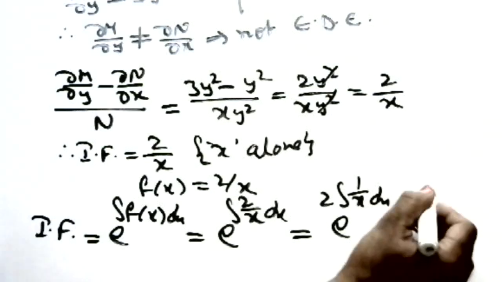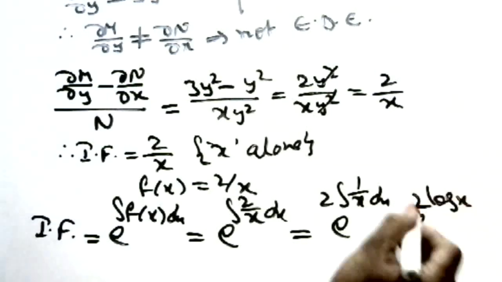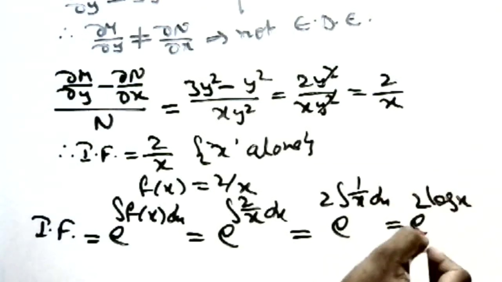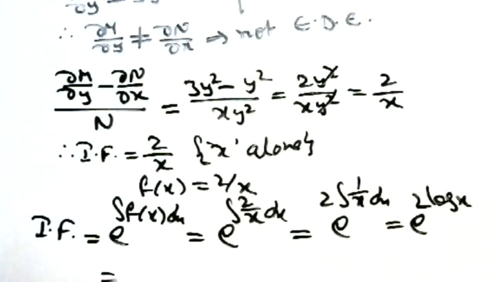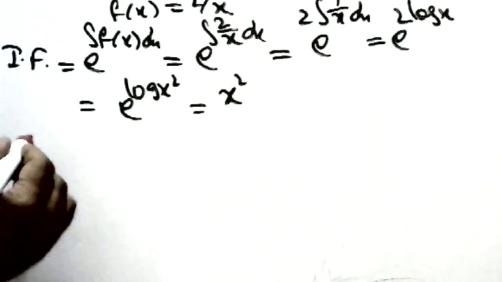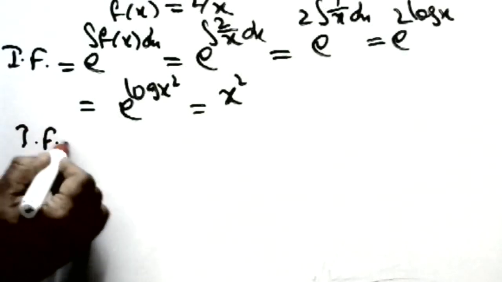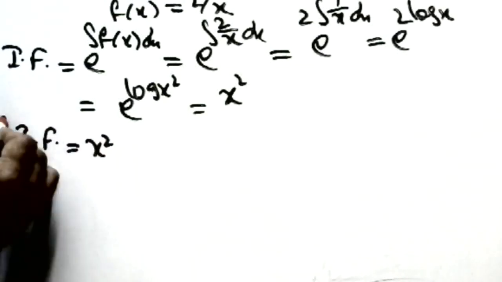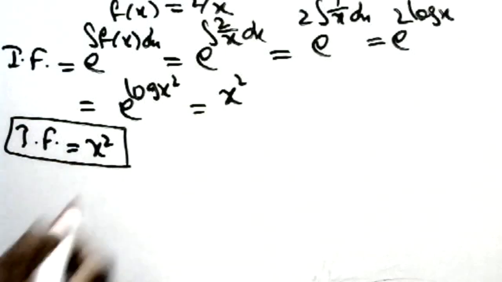E to the power of 2, integration of 1 by x is log x. Bring this 2 into the power, so e to the power of log of x square. E and log will get cancelled, left with x square. Now we got the integrating factor as x squared.